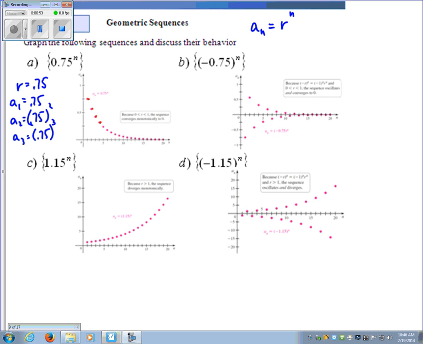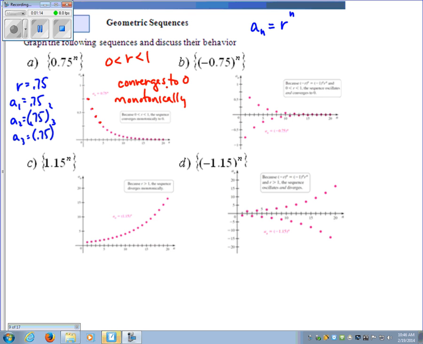So it's converging to 0 monotonically, meaning it's going in one direction. Okay, and in this case, the r is positive, and it's something smaller than 1.